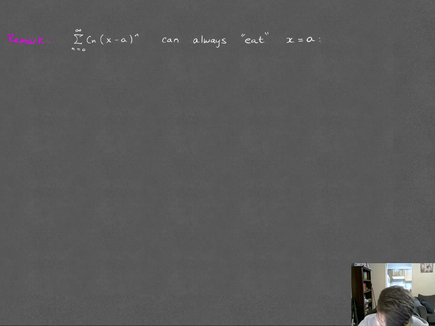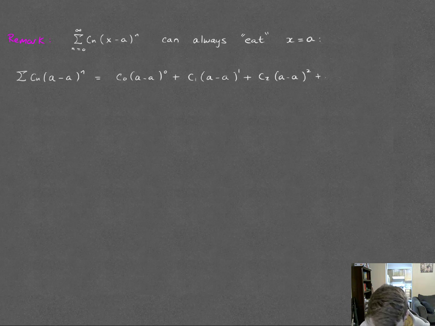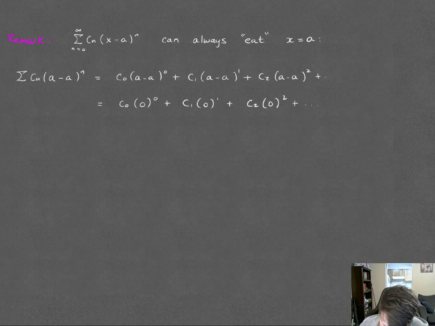But, from this remark, we can always feed it a if it's centered at a. Now, why is that? If we look at the sum of c_n (a minus a)^n, and expand it out, writing the terms in dot dot dot notation, we get c_0 (a minus a)^0 plus c_1 (a minus a)^1, and so on, which is equal to c_0 0^0 plus c_1 0^1 plus, and so on.